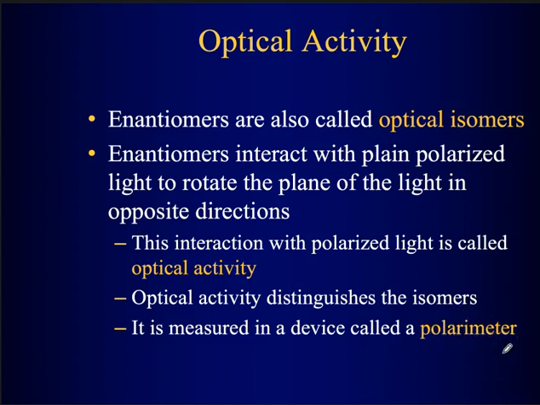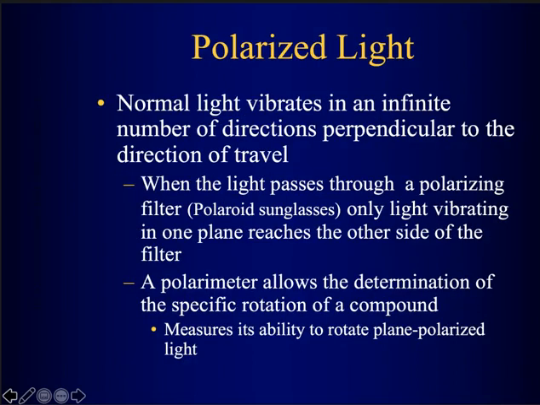So let's talk a little bit more about how this works. This polarimeter works by using polarized light. But what is polarized light? We hear the term polarized sunglasses. What's the difference between UV sunglasses and polarized sunglasses? So let's talk about it. Normal light vibrates in an infinite number of directions perpendicular to the direction of travel.